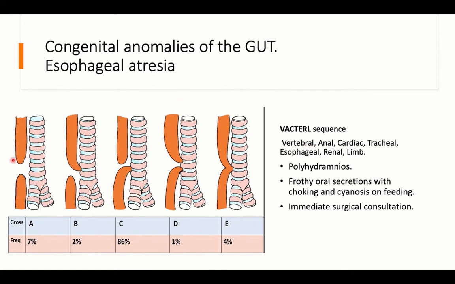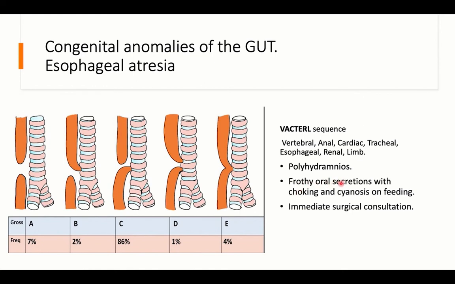When we have atresia of the esophagus, it means the child is not swallowing amniotic fluid during intrauterine life, which is normal. So this will manifest antenatally with polyhydramnios. The condition can be diagnosed antenatally or can present postnatally with frothy oral secretions.